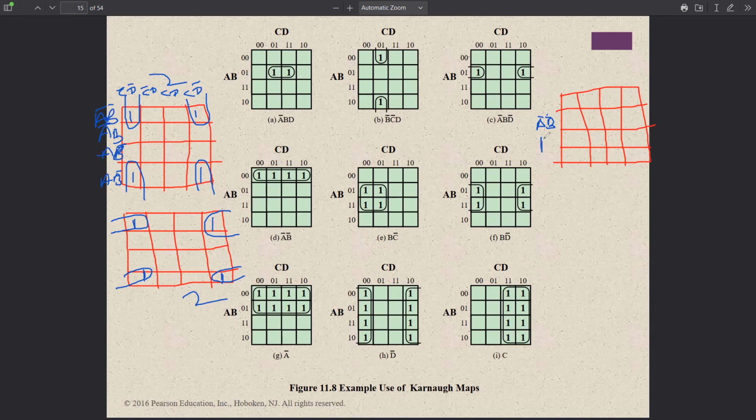And this one is A B bar. The second row is A bar B bar, and the third row is A B bar, right?